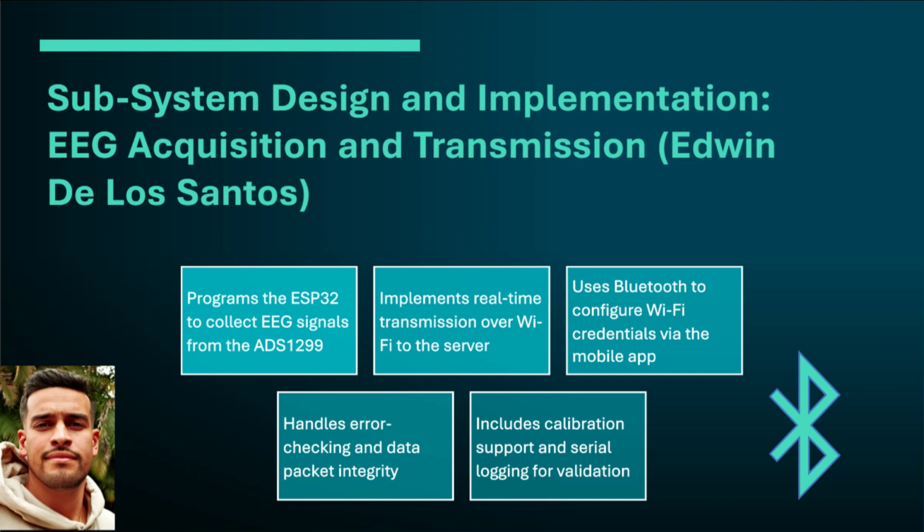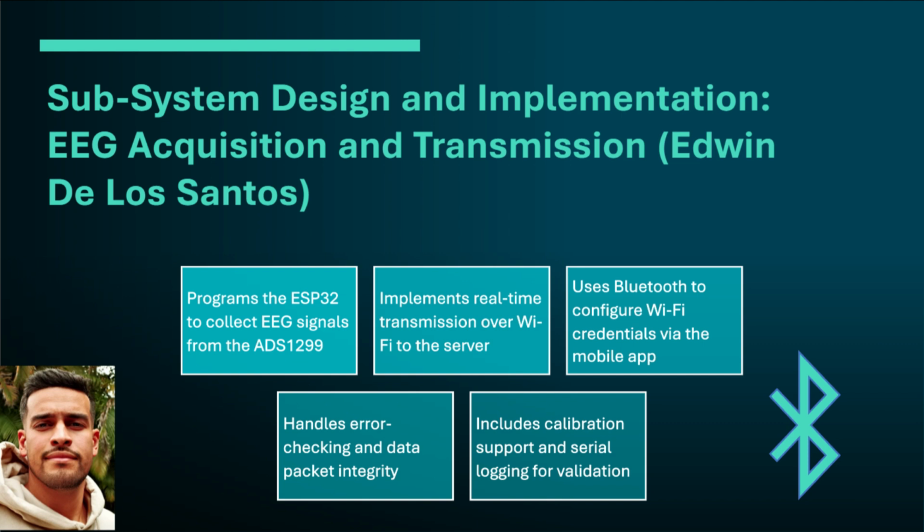The reason for this is that the signals coming from the sensors are analog signals, and they have to be converted to digital signals to be processed through our system.